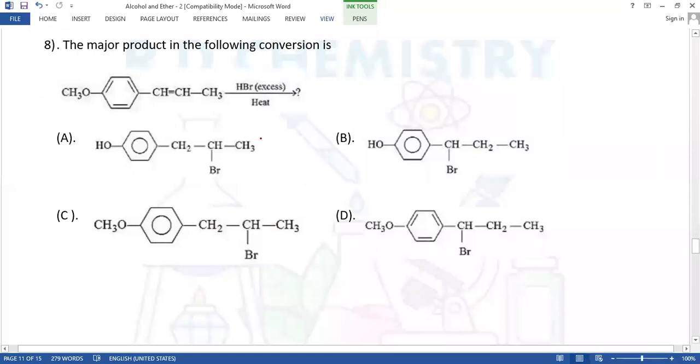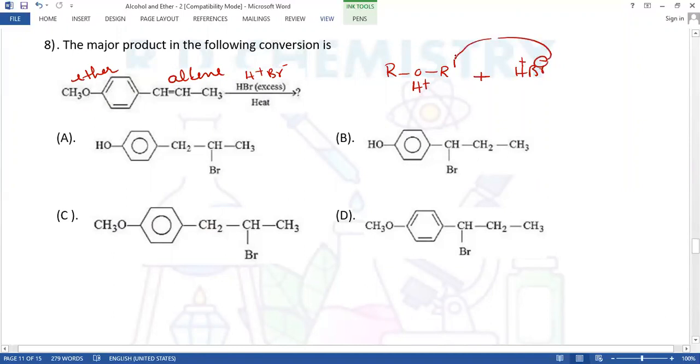Question number 8. Major product in the following conversion is. See the given reactant carefully. There is an ether linkage. There is an alkene. There is HBr given in excess, like H plus and Br minus in excess. You already dealt with the ether reaction with HBr. ROR' can react with HBr: H plus goes with the oxygen and the nucleophile can attack the alkyl group.